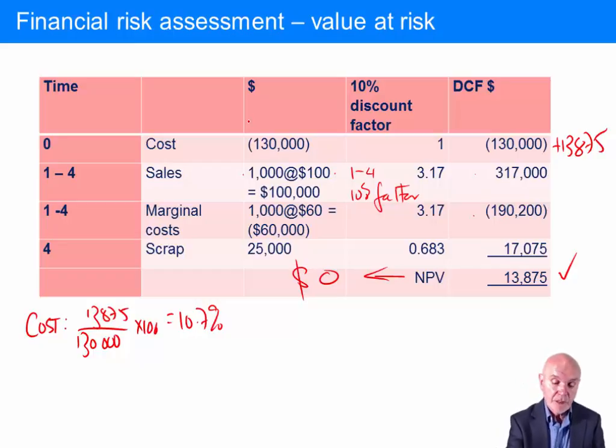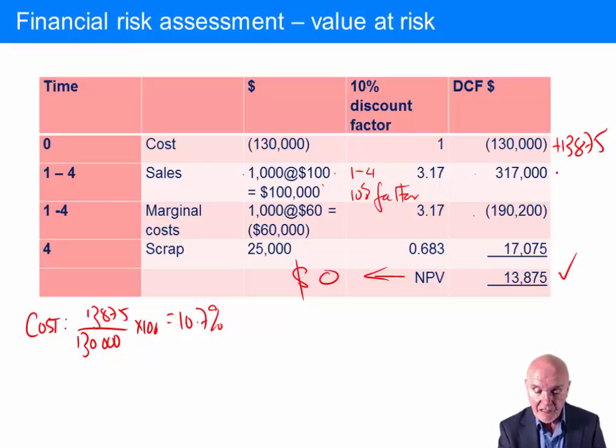Let's look at the selling price, this 100. I think you can probably see if that 100 was to go down by 1%, then this will go down by 1%. There's a very direct relationship, because this is 1,000 times 100 times 3.17. You put that down to 99, you're taking 1% off that.